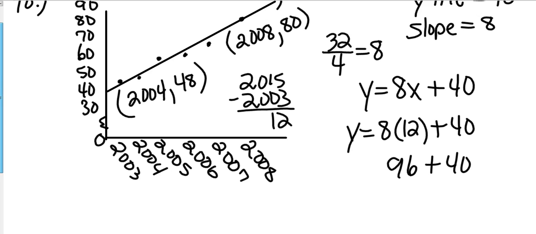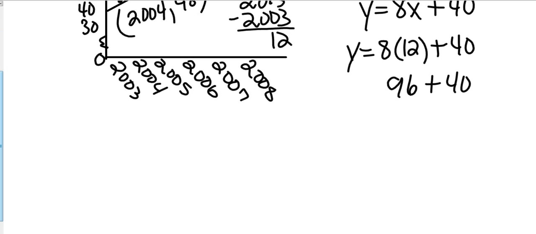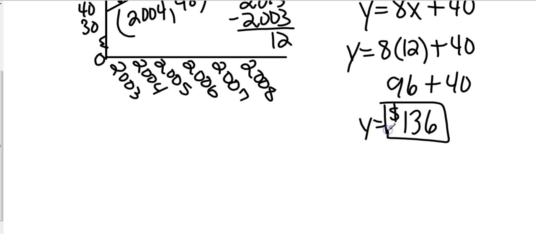And 96 plus 40 is going to give me 136. Now, how do they represent this? Changes in average ticket prices. Okay, so we're at approximately $136.